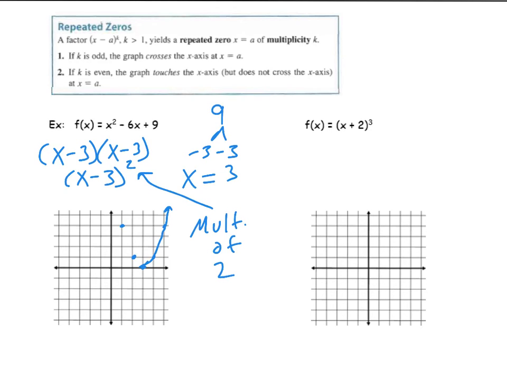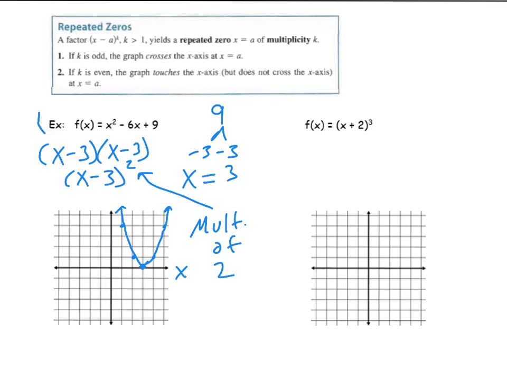Find its vertex and all that. Okay. So notice here, this quadratic, it has a 0, but it just comes down to the x-axis, and it just touches, and it goes the other way, right?